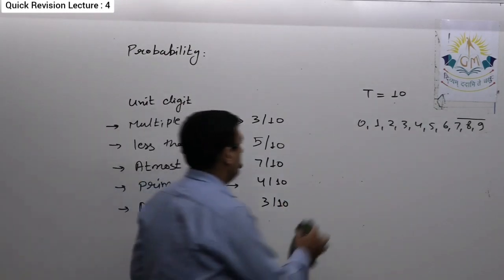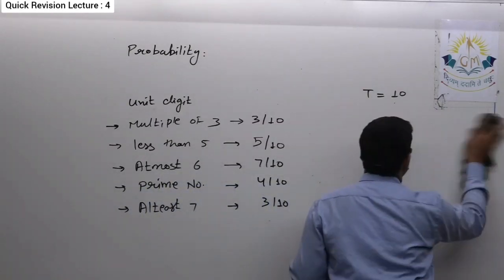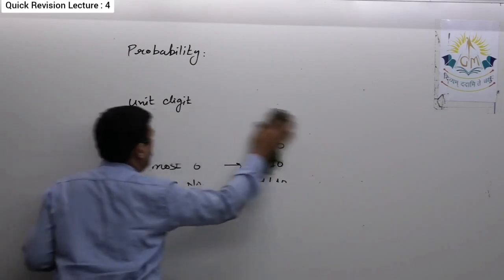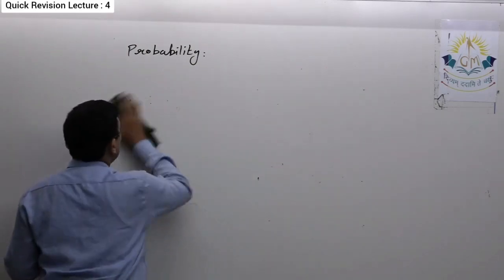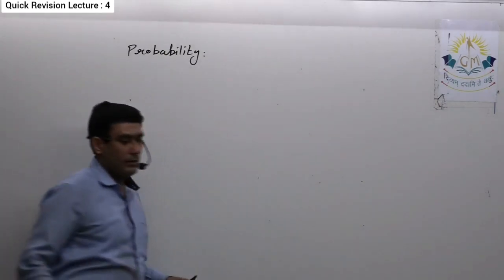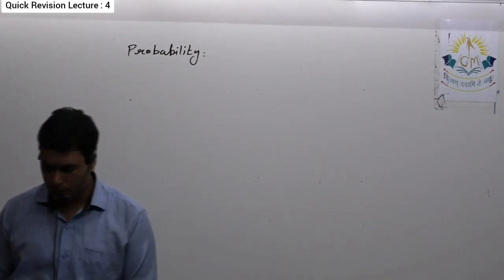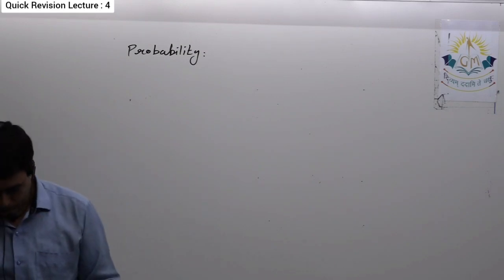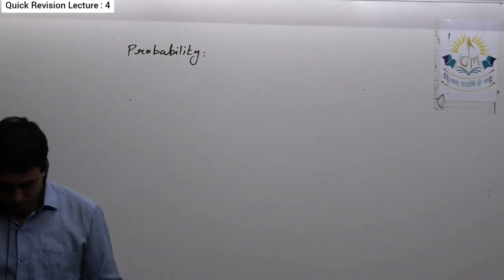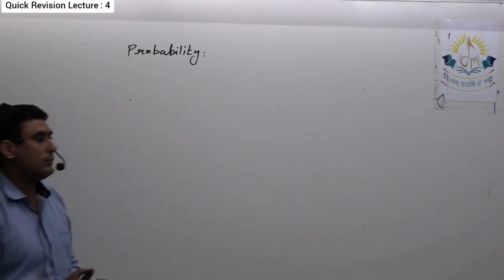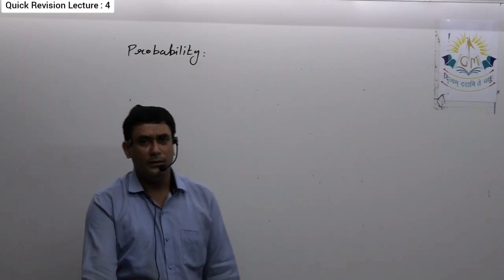Now let us see one more example, and then we'll come to the next chapter. Let me take one more example from probability. However, I should not discuss this, but let us discuss the coin toss.